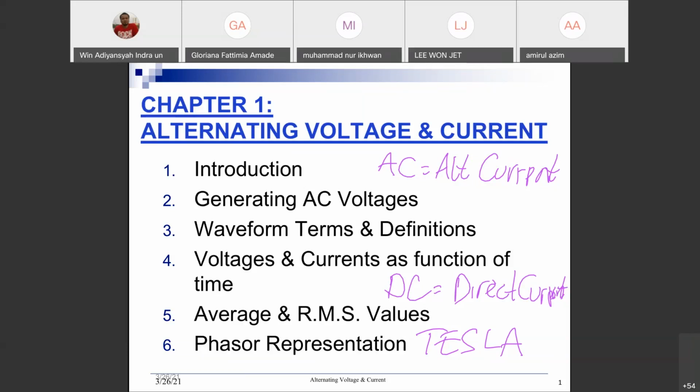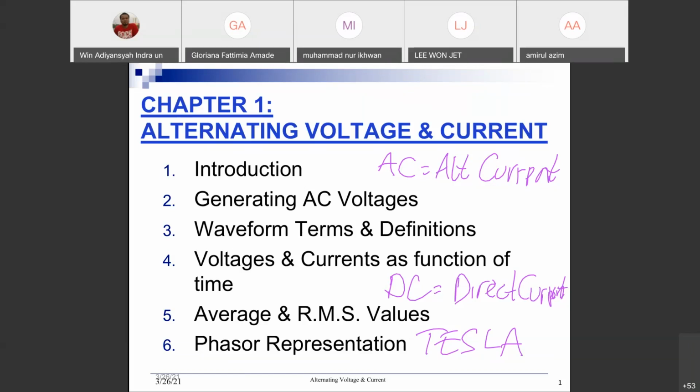Tesla is very famous, especially nowadays. If you type Tesla in any search engine, the first thing that will come up is a brand of electric car.